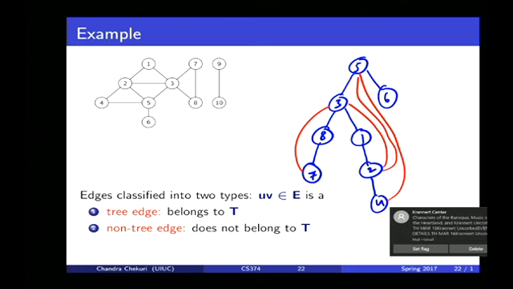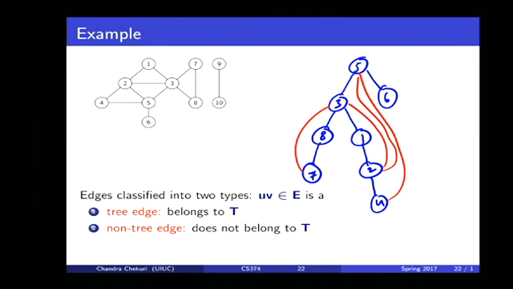Okay, why is that? The DFS exploration creates a tree of discovery, right? I can't have a non-tree edge, which is a red edge, connecting a node and something which is not an ancestor or descendant of it. Why should that not be possible? Can you see why that's not possible?